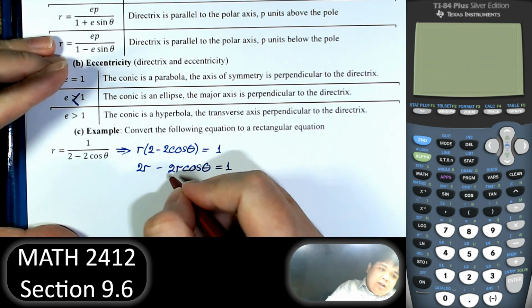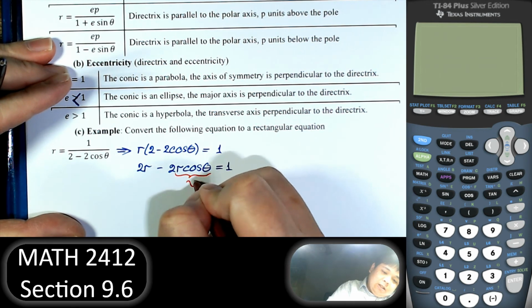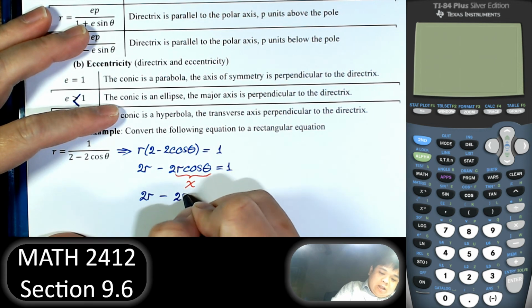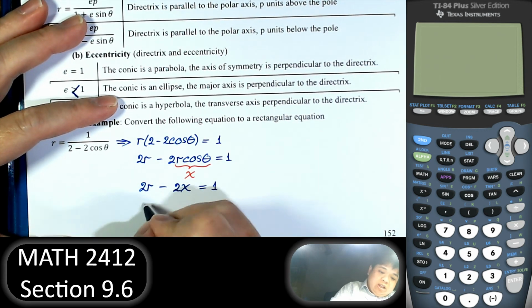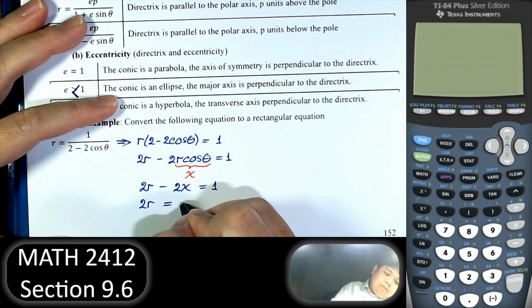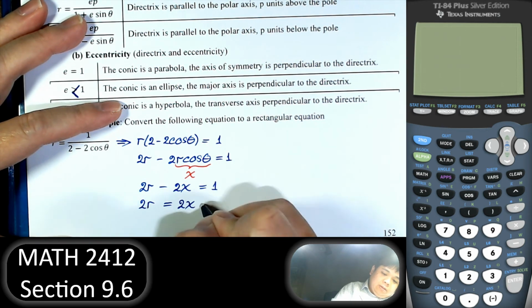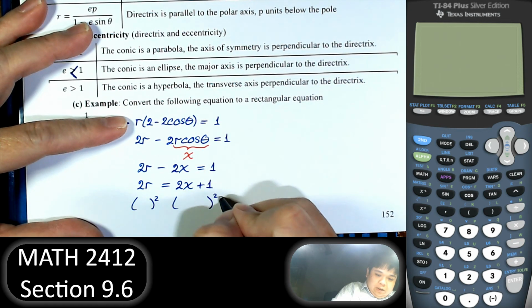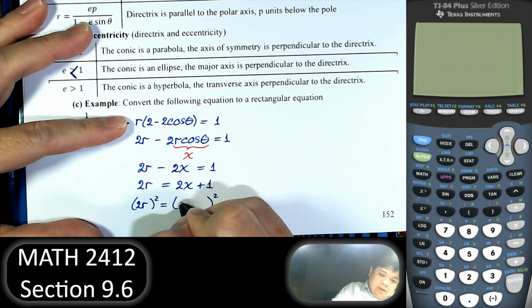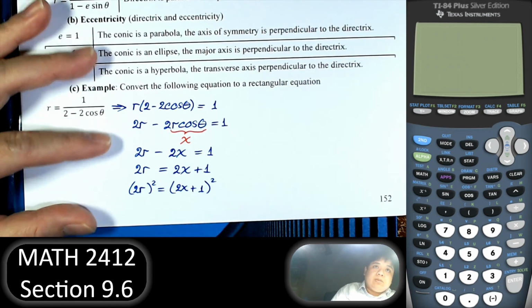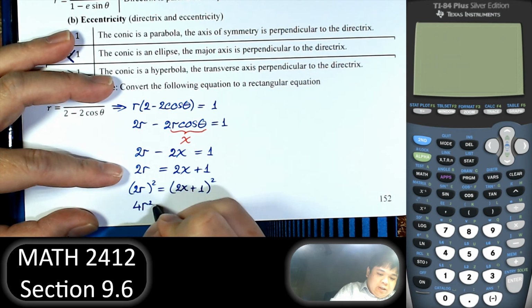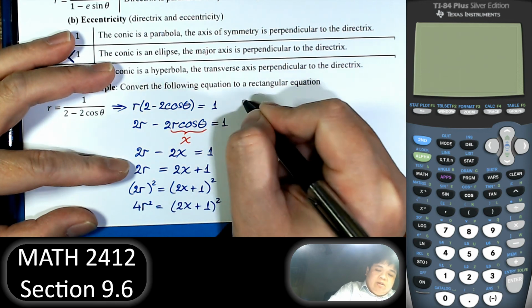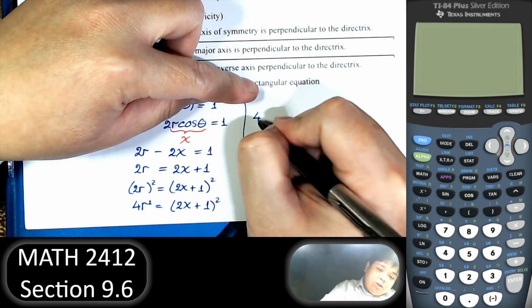And r cosine theta is x. So we have 2r minus 2x equal to 1. Move the 2x to the other side. And then we can square both sides, for r squared equal to (2x plus 1) squared. And finally, r squared is x squared plus y squared.